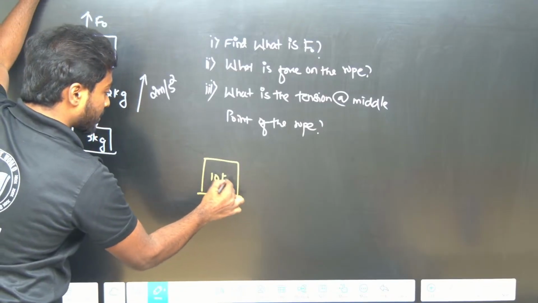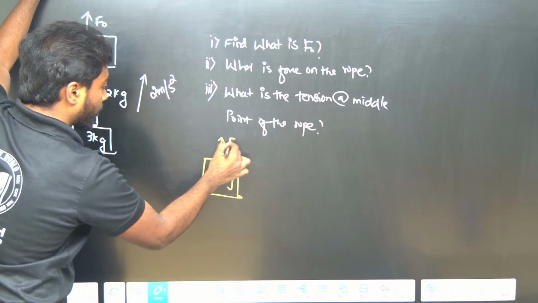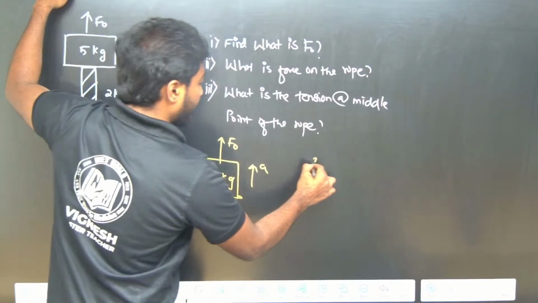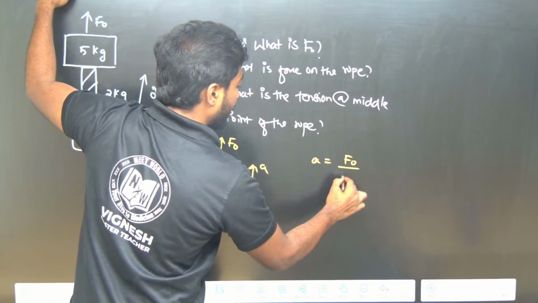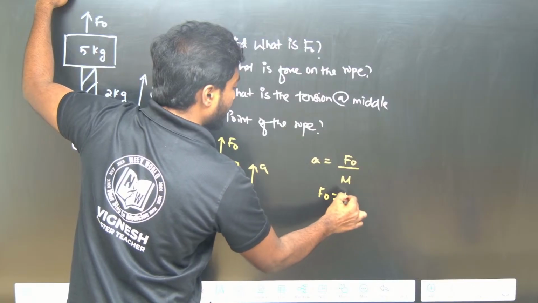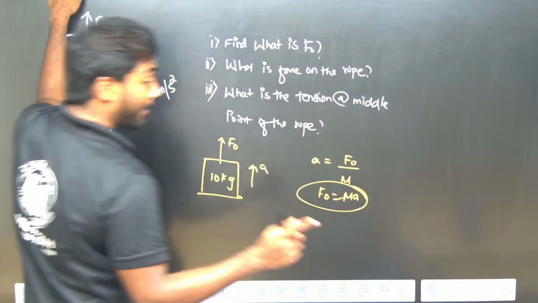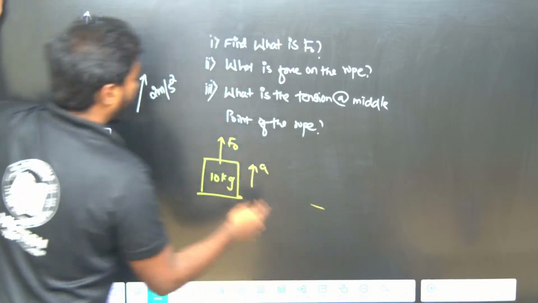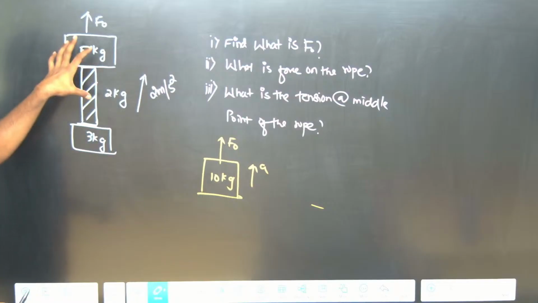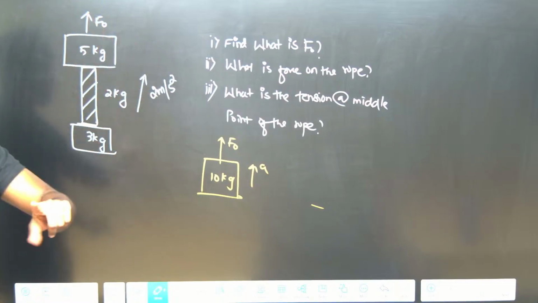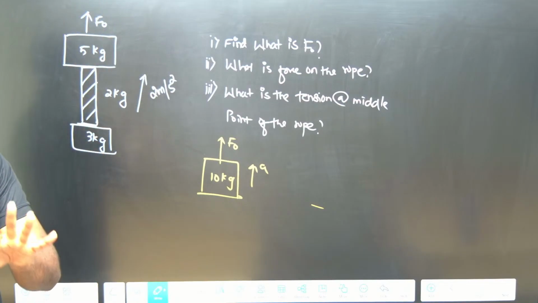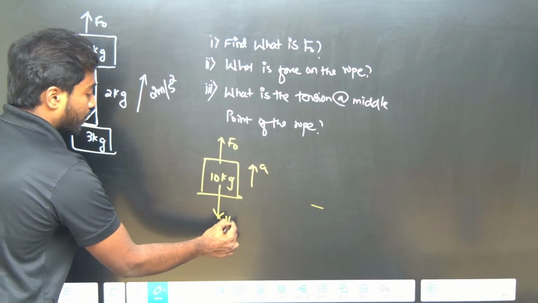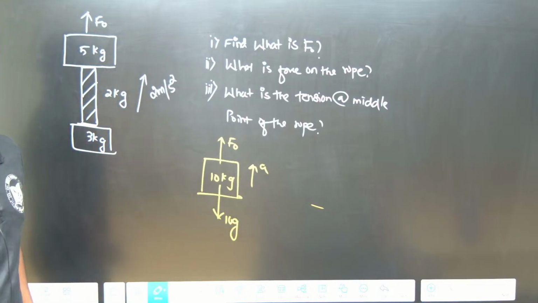So 10 kg, the upward force is F naught and acceleration is A. Don't blindly take A equals F naught by M or F naught equals M into A, because in this problem the block is going upward in the y axis. I need to consider whatever forces are there in the y axis. The weight is also there, 10 g will be there.